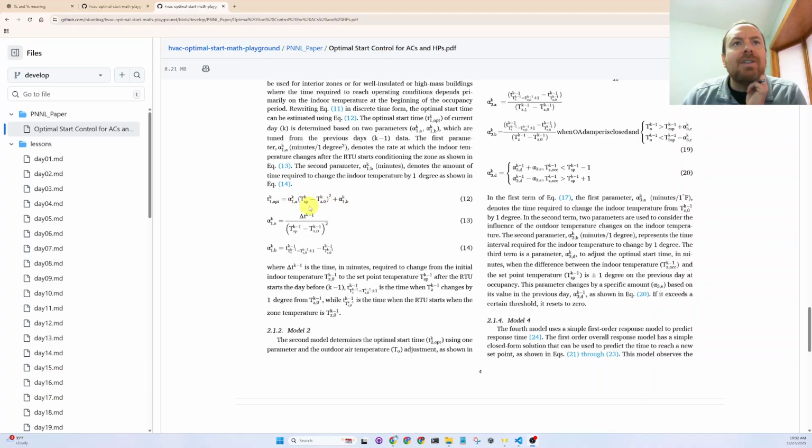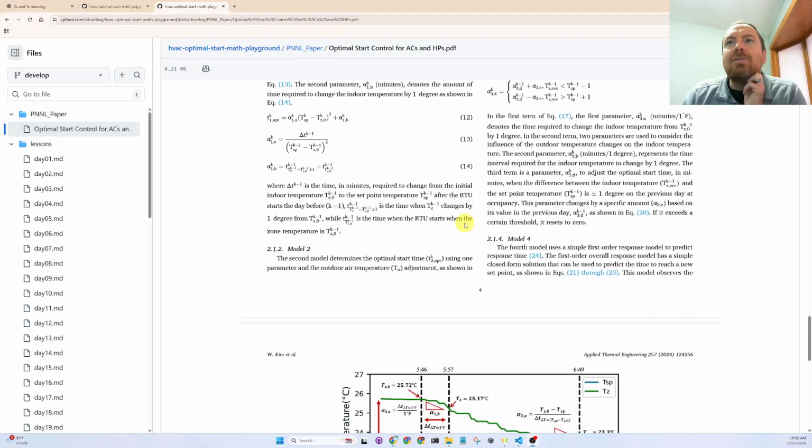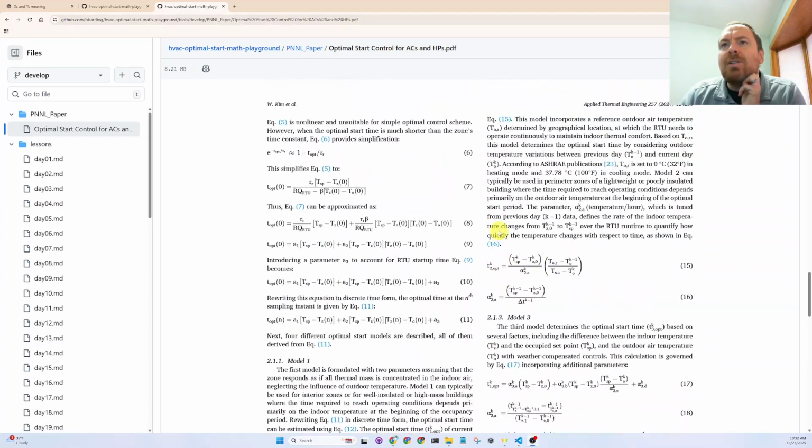Zone temps drift. So this is a quadratic regression, and we solve for alpha A and alpha B parameters. Becomes a self-tuning model.